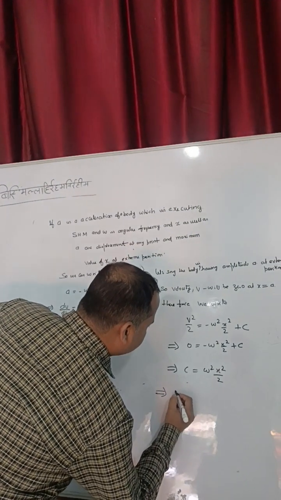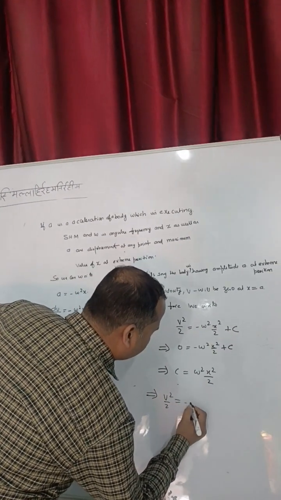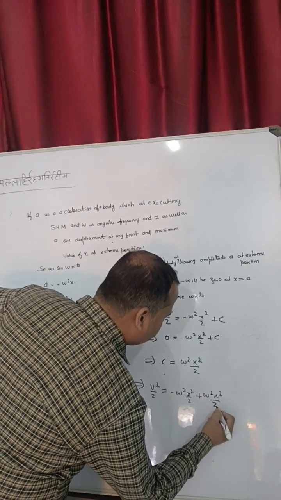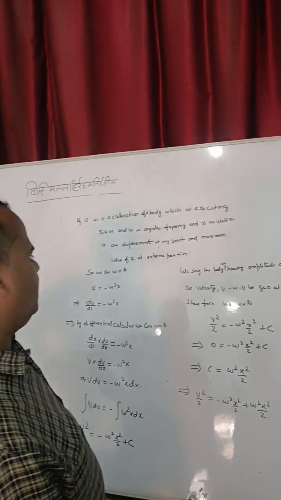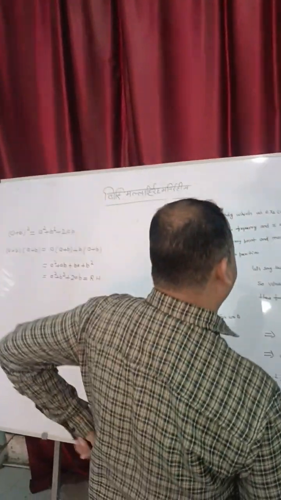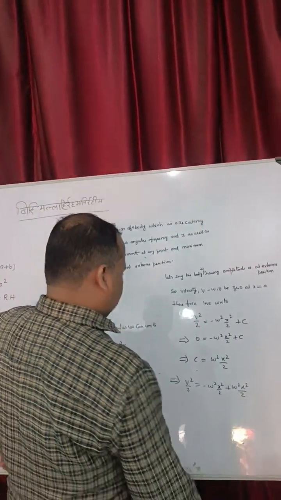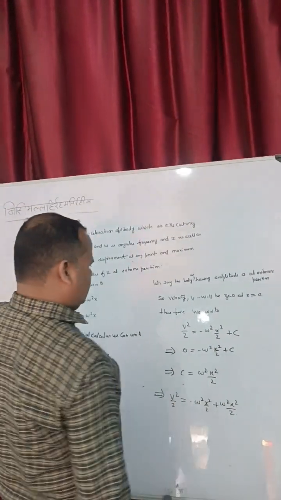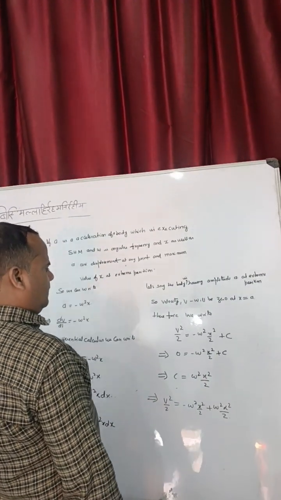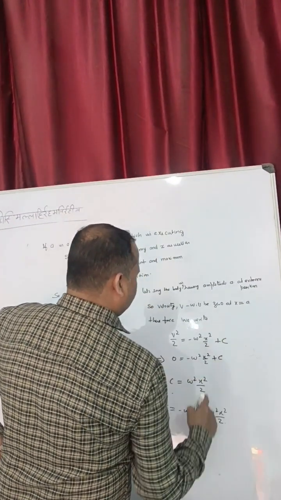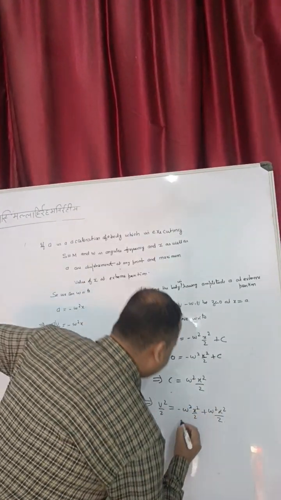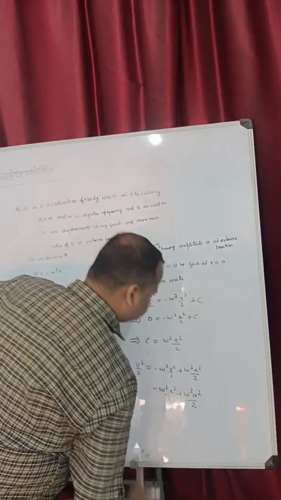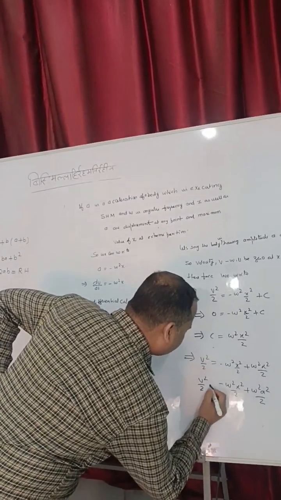This implies v square by 2 is equal to minus omega square x square by 2 plus omega square a square by 2.